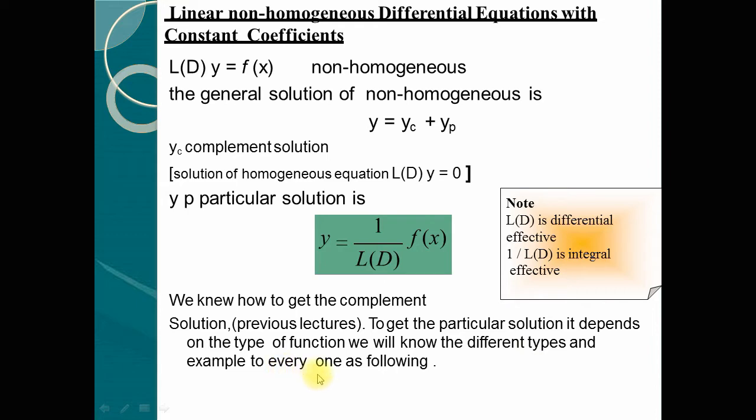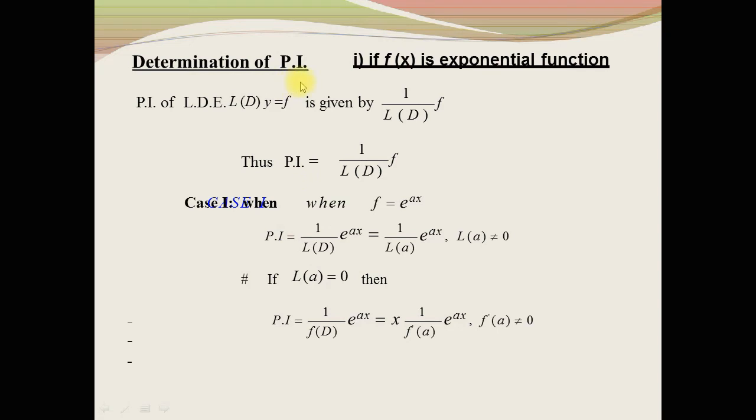An example for everyone is in this slide. To determine the particular integral, the particular solution, when the right hand side function f of x is in exponential form, f of x does not equal 0.